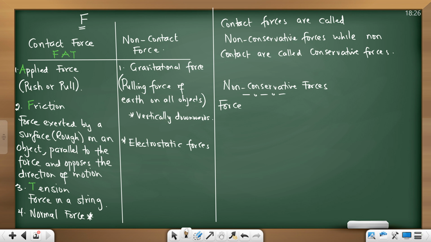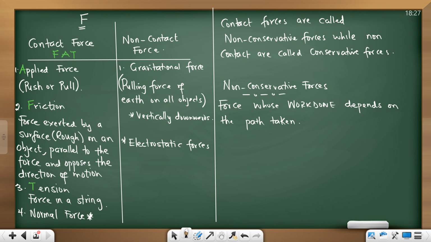Force whose work done, we are looking at work, right? Remember? Depends on the path taken. Force whose work done depends on the path.